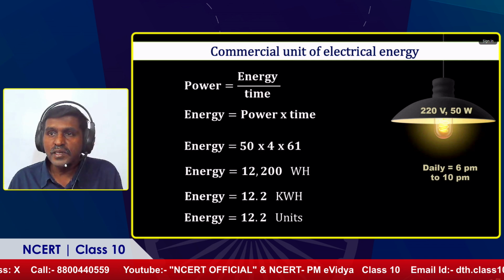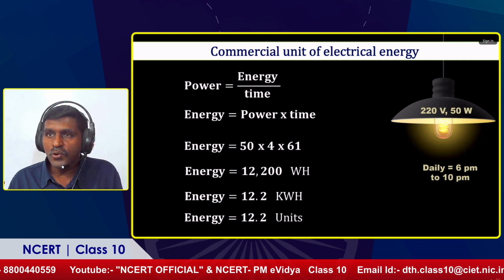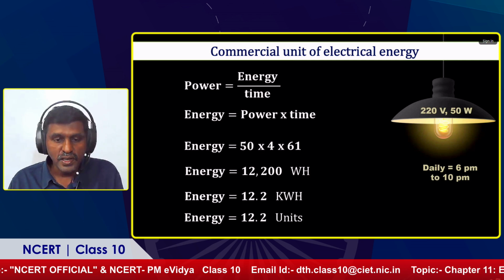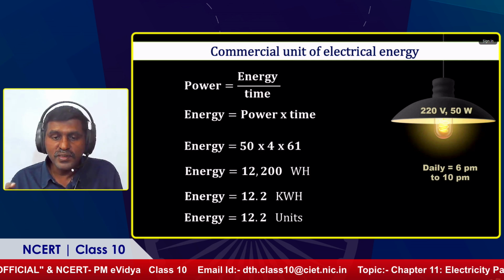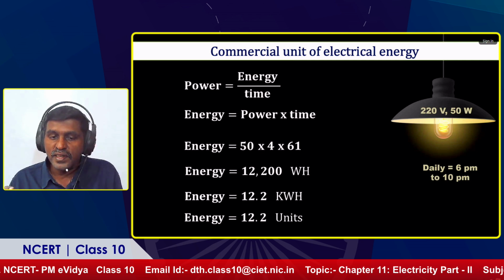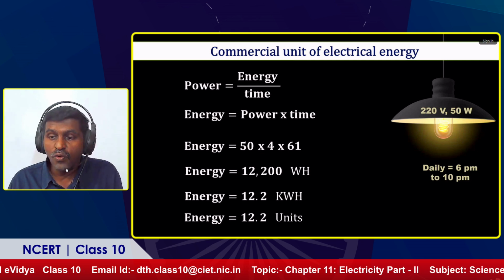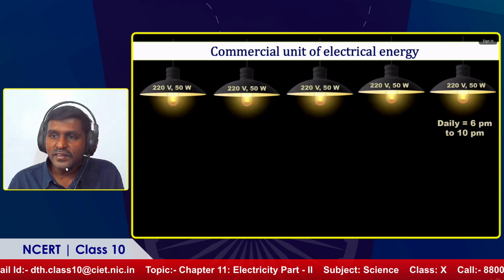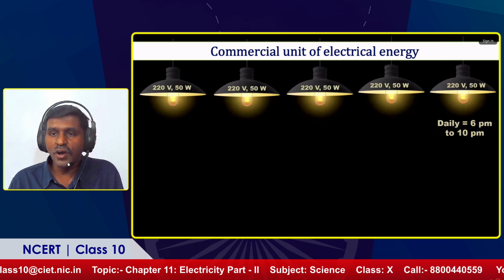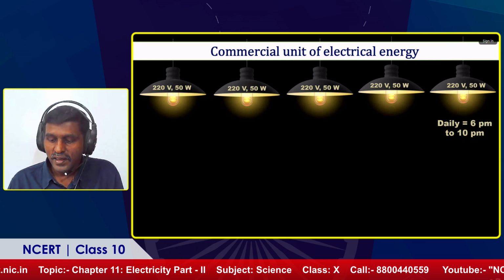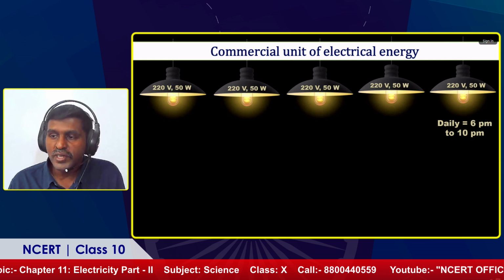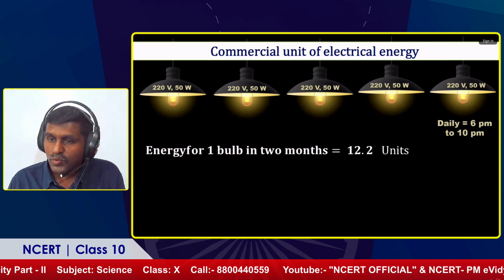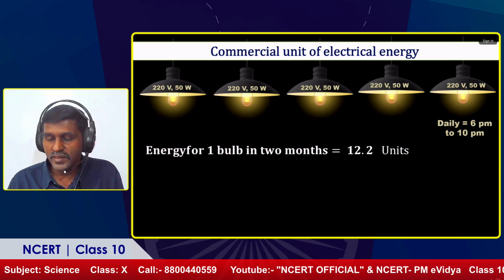So in our electricity bill, they mention 100 units, 200 units, 300 units, like that. What is the meaning? If it is 100 units, the meaning is 100 kilowatt hour. Suppose you are using 5 bulbs in your home, daily from 6 p.m. to 10 p.m. Energy of one bulb for 2 months is 12.2 units.